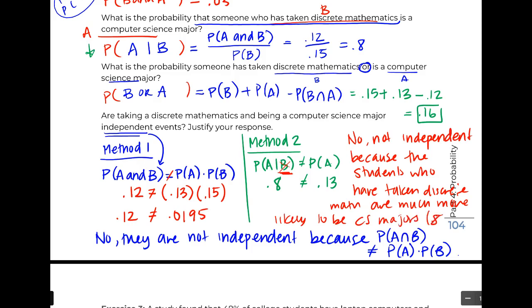And that is 80% versus that 13%. All right, so that's how we can use either one of those formulas to test independence and what that actual response should look like if this were a test question.